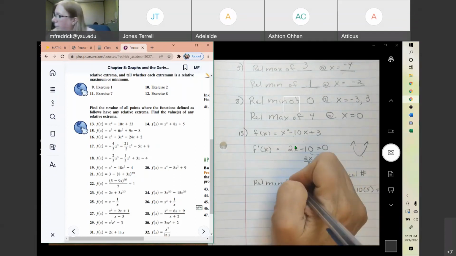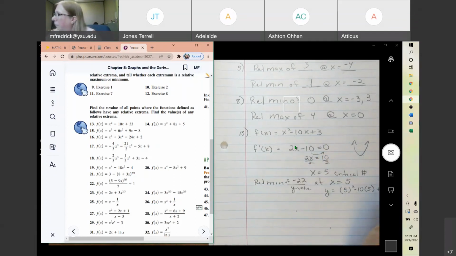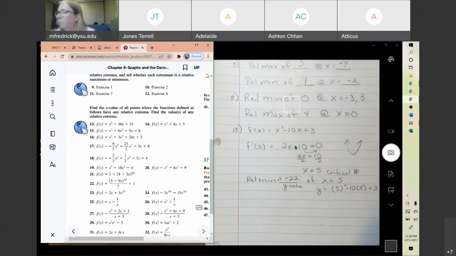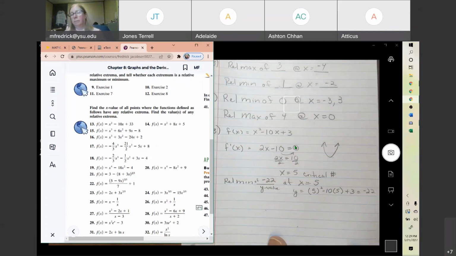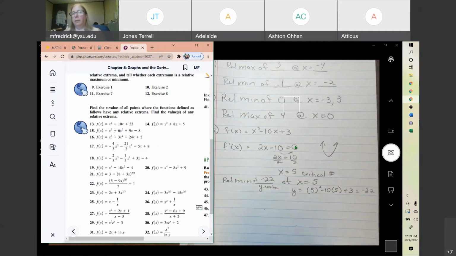Negative 22. So you plug it into the same one you would have graphed, the one right before the derivative. Now we'll graph it and you can see, but are there any questions on that?